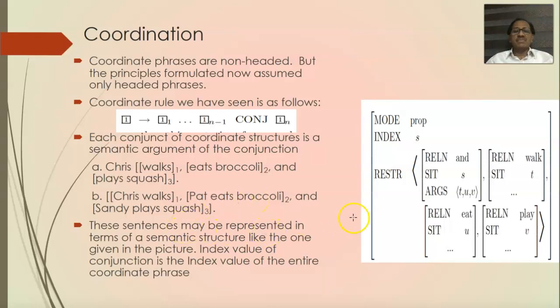So what we need to remember here is that the index value of the conjunction is the index value of the entire coordinate phrase. The index value of the conjunction is S, and the index value of the entire phrase is also S. That's what you need to notice.